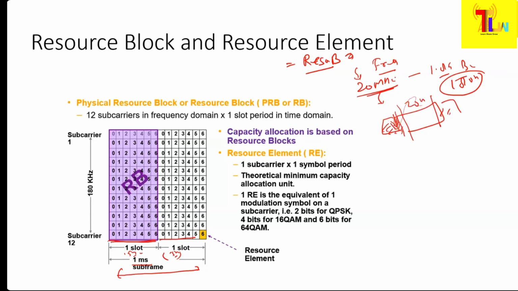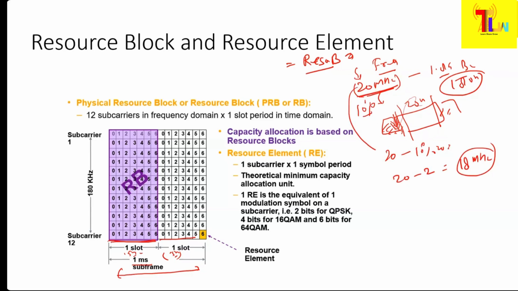So the effective bandwidth is not 20 megahertz, it is 10% less. 10% of 20 megahertz: 20 minus 10% of 20 is 20 minus 2, that is 18 megahertz. As a rule, you just avoid 10% of the band.